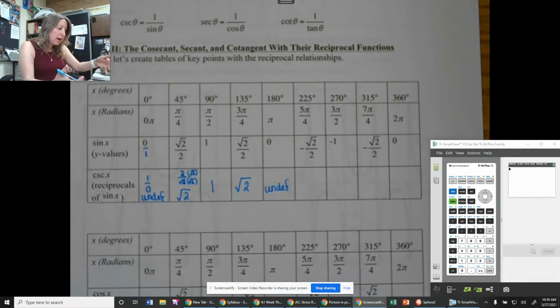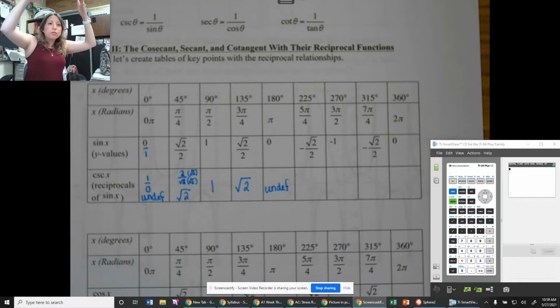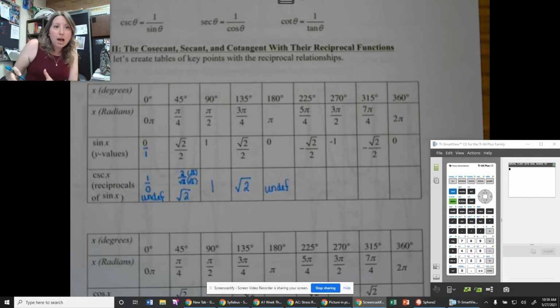So what we're looking at with these is that they sit above the actual peaks and valleys in the sine function, or below, and then we get to these asymptote areas. So when we're looking at cosecant and secant and cotangent, now it's not just tangent that has all the asymptotes.